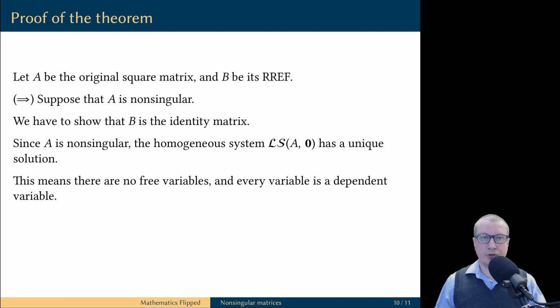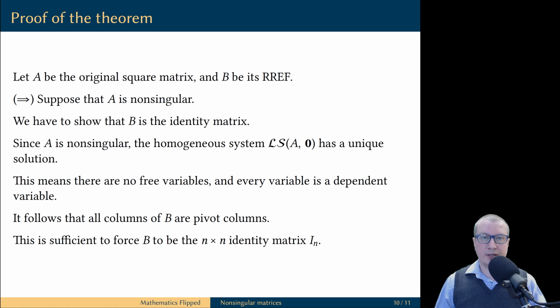And because we have a unique solution, it means we do not have any free variables. Every variable is a dependent variable. In turn, this means that every column in the reduced form of the coefficient matrix is a pivot column. So, we have a square matrix where every column is a pivot column. The only way for this to happen is for this matrix to be the identity matrix.